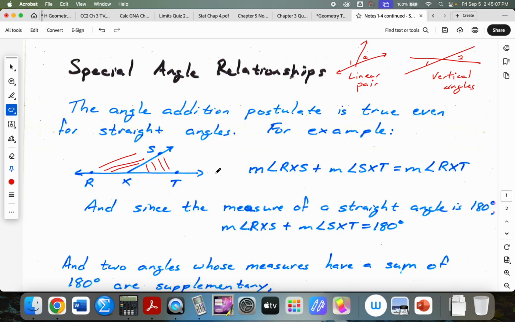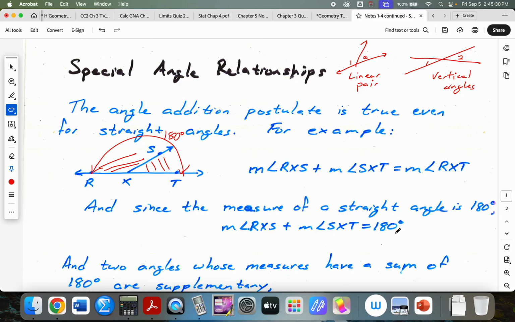When we stick those two together, we get a straight angle. And the measure of a straight angle is 180. So we know this whole thing is 180 degrees. So the measure of RXS plus the measure of SXT is going to be 180.